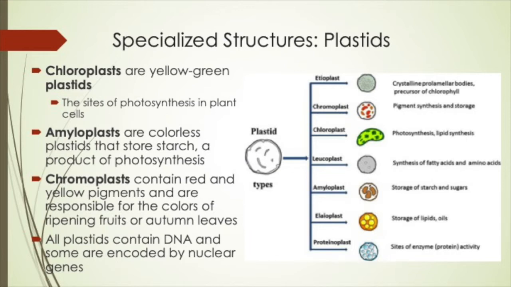All right, plastids. Plastids are found in plants. Chloroplasts, as we talked about, are yellow-green, site of photosynthesis, right? Amyloplasts, colorless, they store starch.